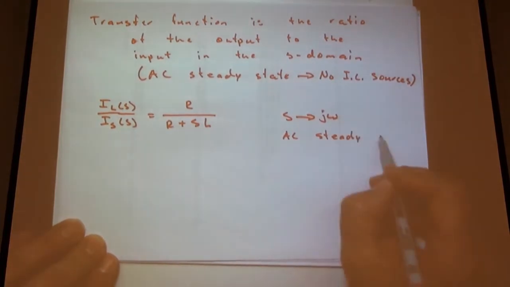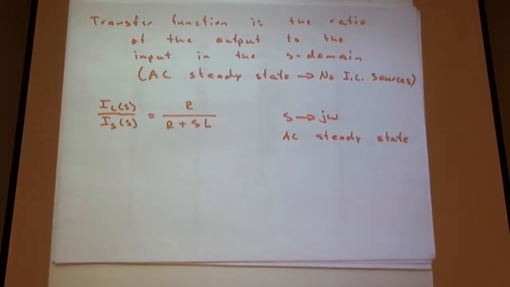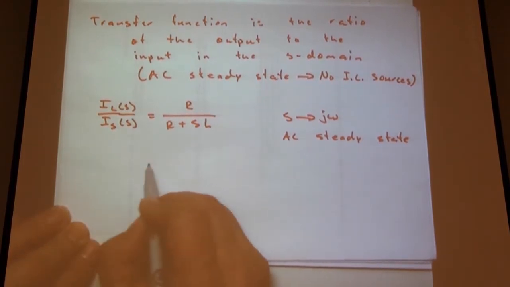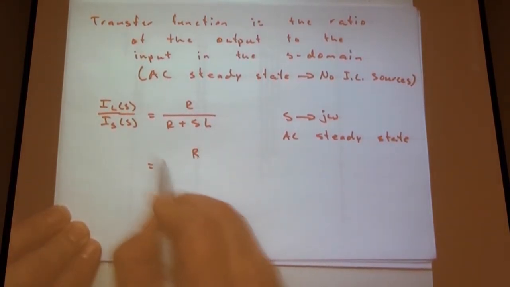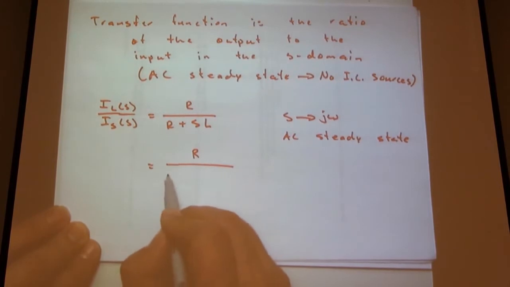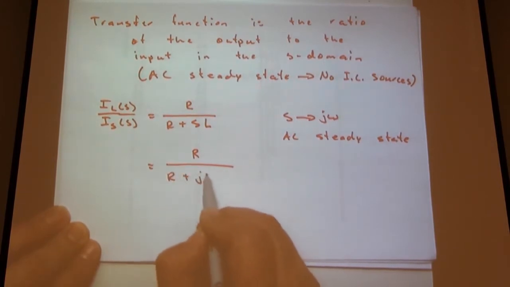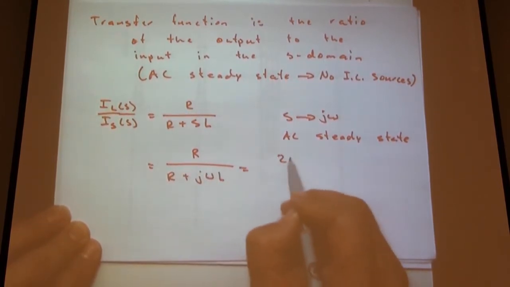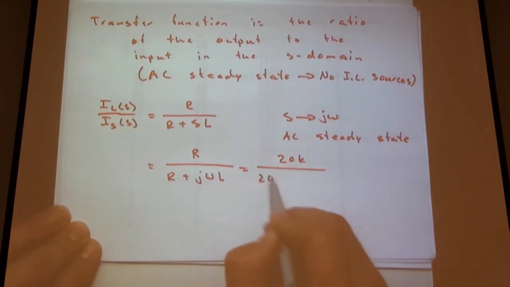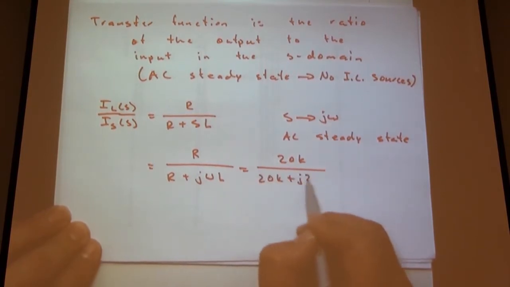We can take advantage of that knowledge in our transfer function. Looking at this observationally, at the problem we just looked at, we can say IL over IS is R over R plus J omega L, which was 20K over 20K plus J 20K.